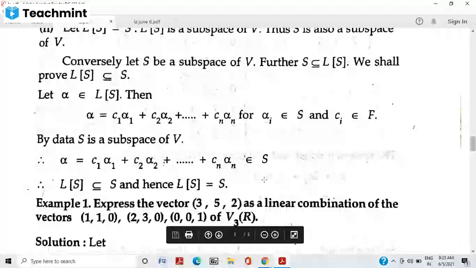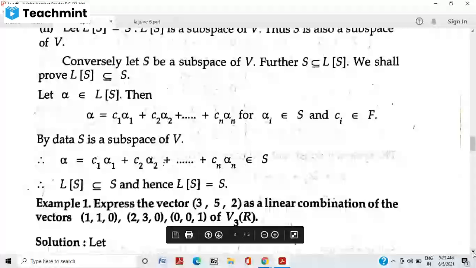We should express the vector (3, 5, 2) as a linear combination of the vectors (1, 1, 0), (2, 3, 0), (0, 0, 1) of V3 of R. Then how will we write it first? As a linear combination, (3, 5, 2) equals C1(1, 1, 0) plus C2(2, 3, 0) plus C3(0, 0, 1).